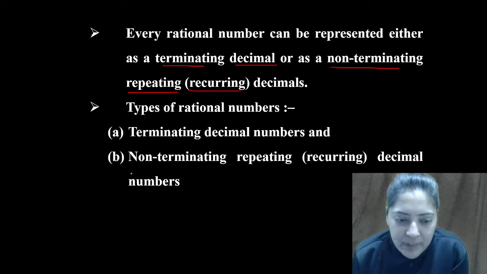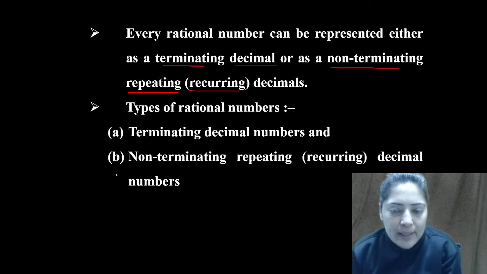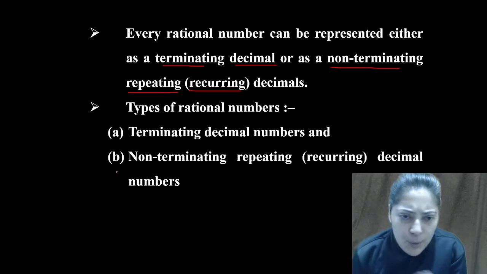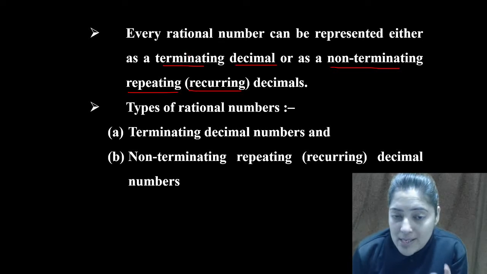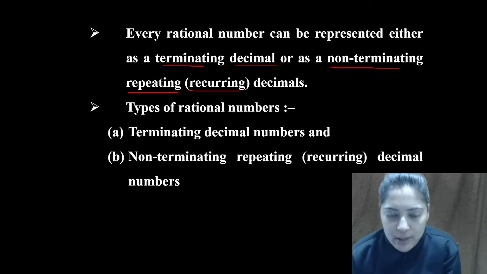Now see what I am trying to say is rational number की एक और definition. अभी तक हमने p by q की फॉर्म वाली पढ़ी है. Now this is a new definition and apt definition.